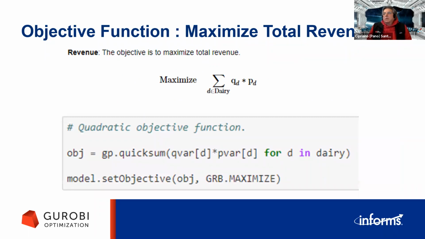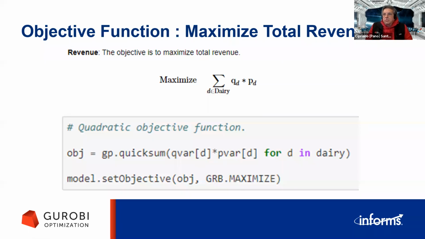Now, the objective function is going to be a quadratic function where we want to determine the equilibrium of volume and price. So this is expressed as the product of the quantity demanded of each dairy product times the price of that dairy product. And this will generate the revenue. And this is defined over all the dairy products.